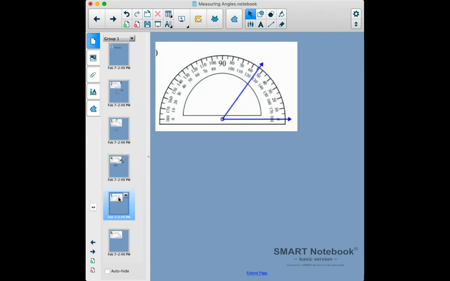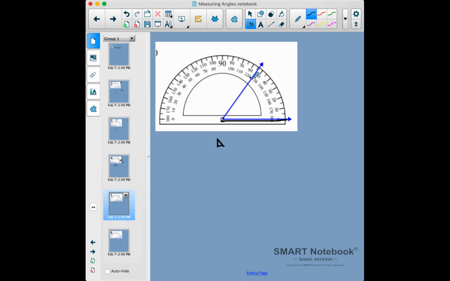Same thing with this one, except it is an acute angle. If you take a look at it, you can tell that it's less than 90 degrees. So I'm going to go ahead and label acute. Make sure that my line is matched up with 0, because sometimes it's not, and we'll talk about those, but in this case it is. And then I need to figure out how many degrees it is.